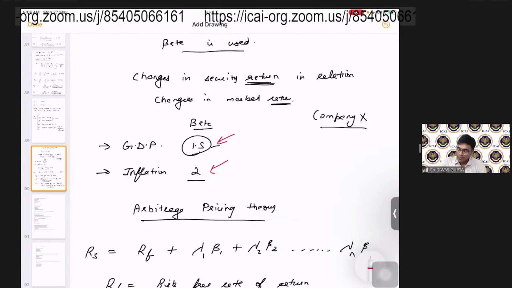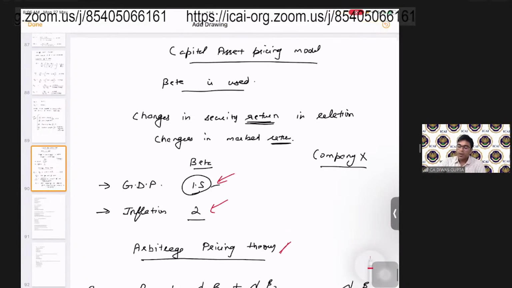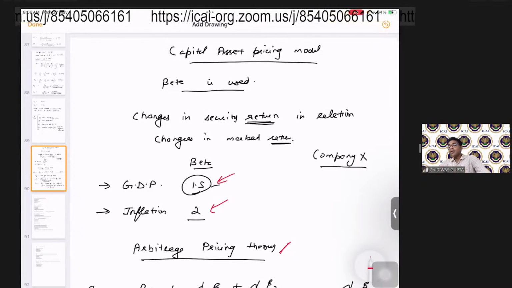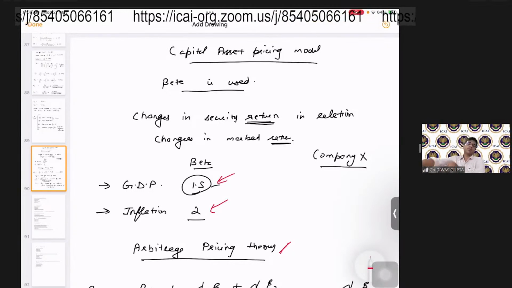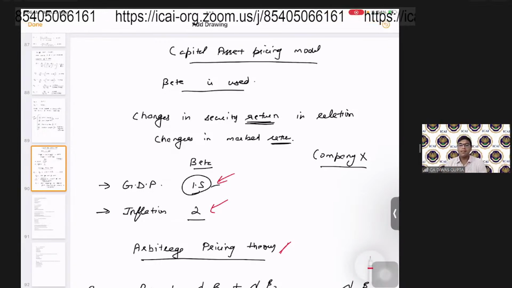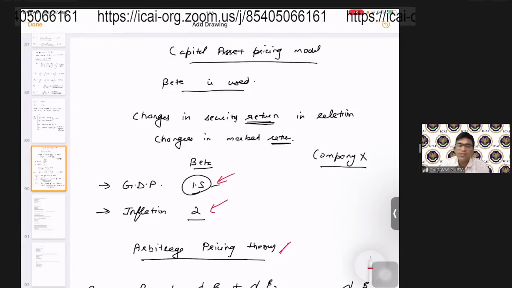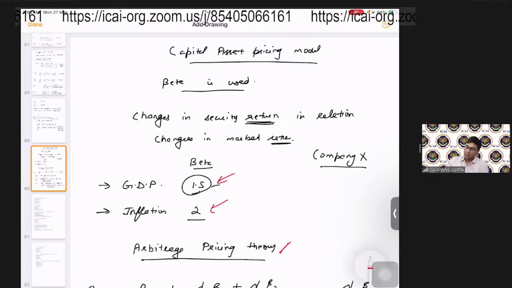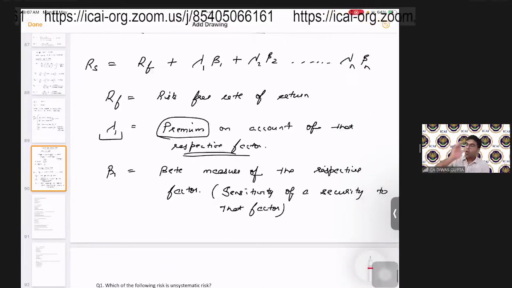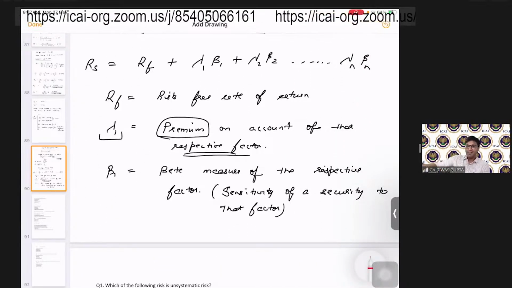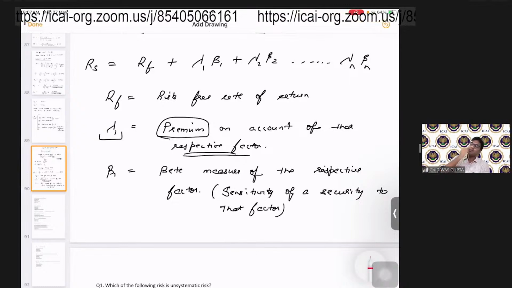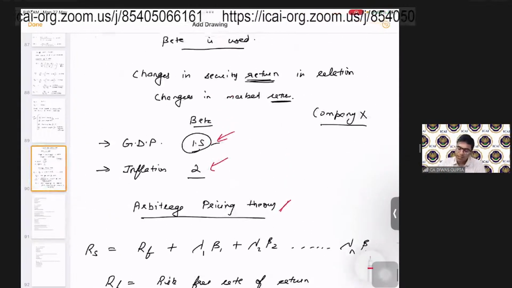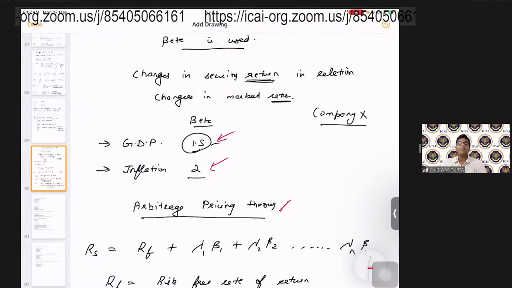That is called arbitrage pricing theory. Because in the capital asset pricing model, what we used is beta for the market returns, students, right? But similarly, beta can also be used in the form of GDP or inflation. That is called arbitrage pricing theory, in which all the different factors will have their respective betas and their respective premiums. What are those different factors, students? One, it can be GDP. Second, it can be inflation. Likewise.